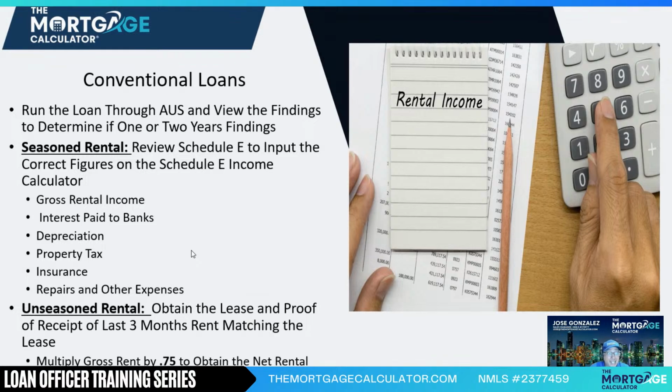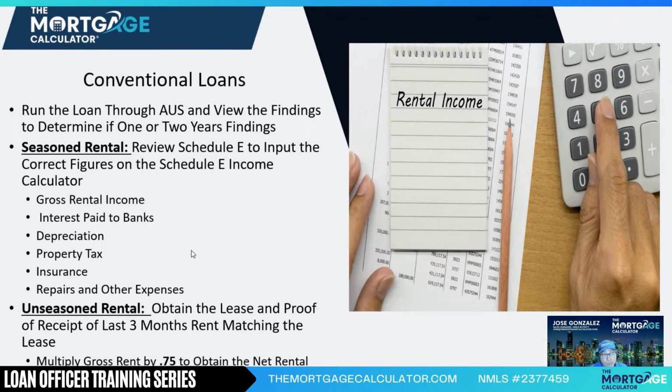So on an unseasoned rental, right, instead of getting the amount listed in the Schedule E, this property has not been listed on any Schedule E, because it's an unseasoned rental. It was put into service after the last tax return.